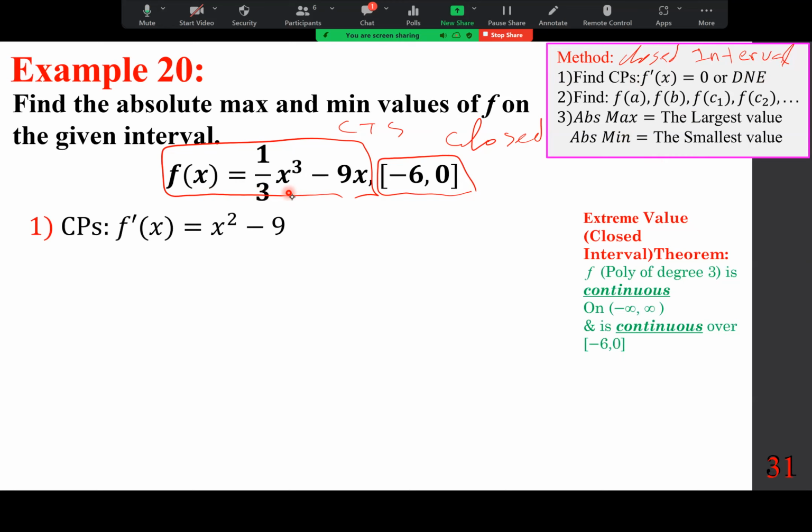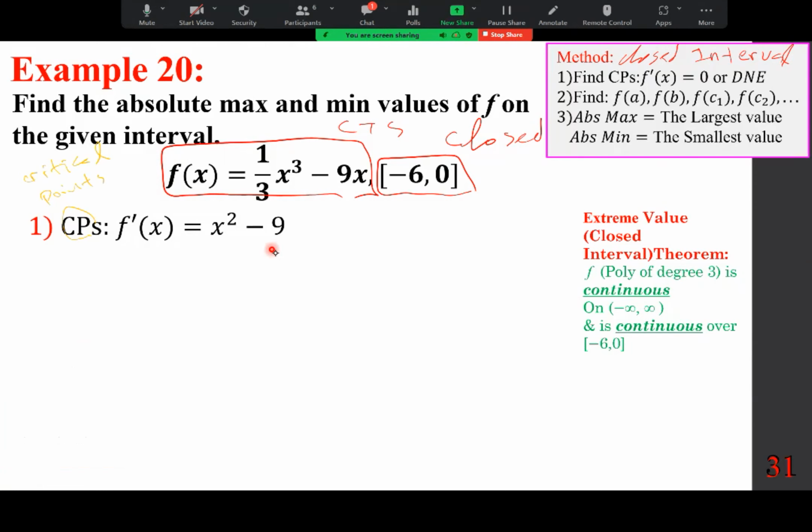We set this equal to 0 to find CP, short for critical points.